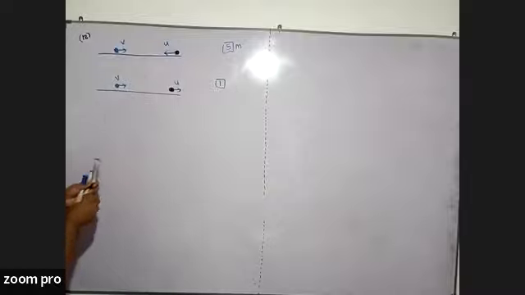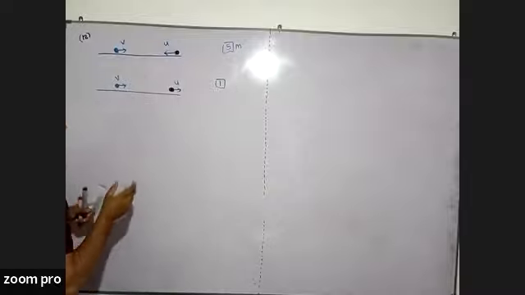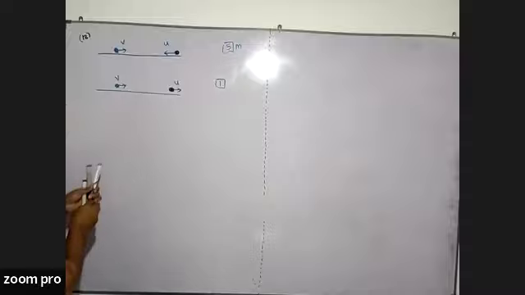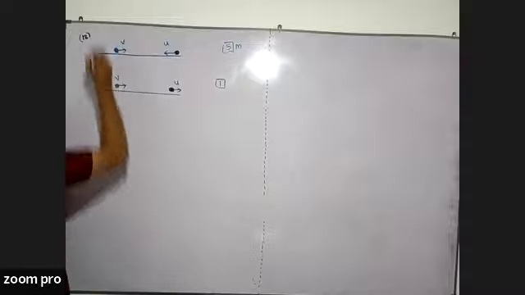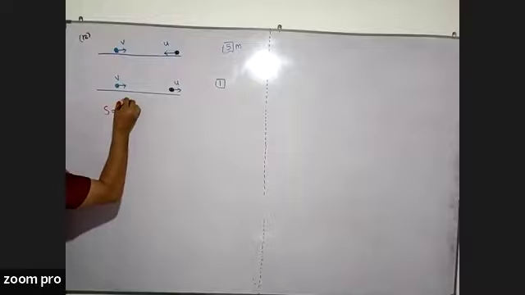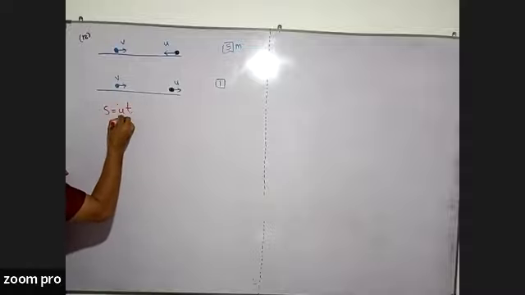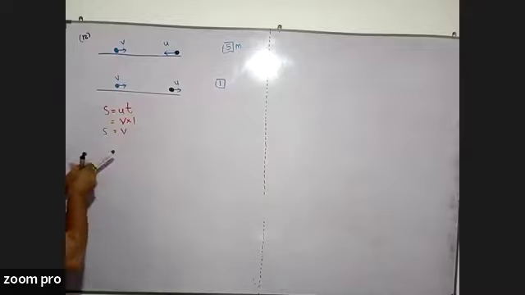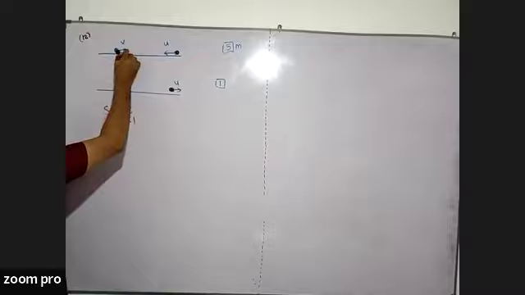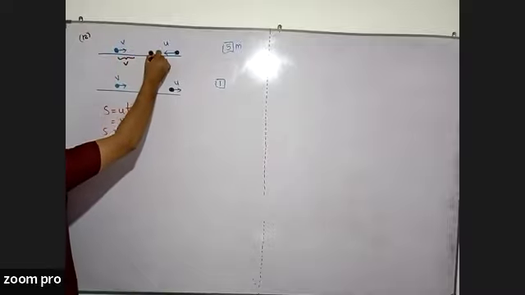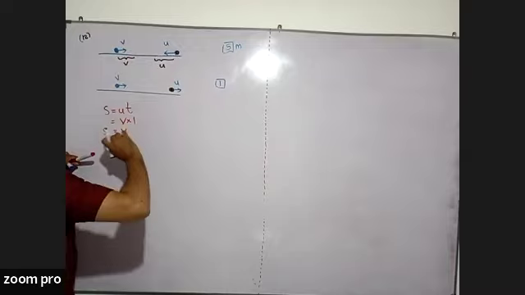Let's consider the distance traveled in 1 second. According to this, s equals ut, where u is the velocity and t is the time. So the distance traveled in 1 second is v for this object and u for this one.